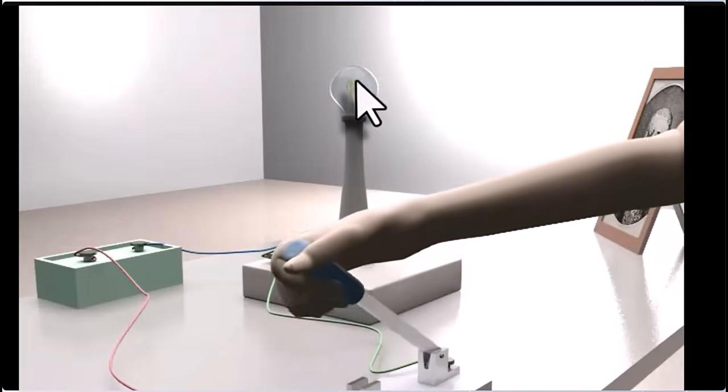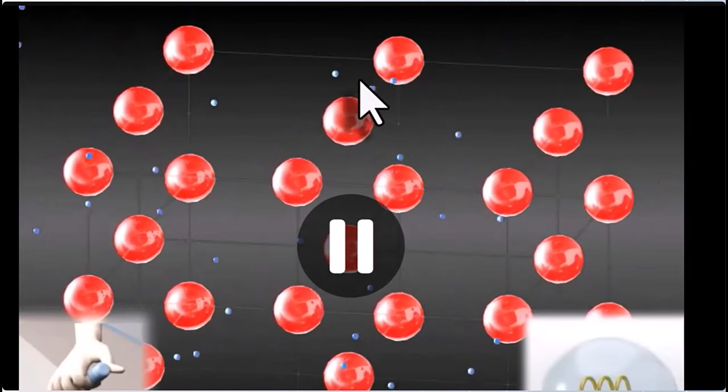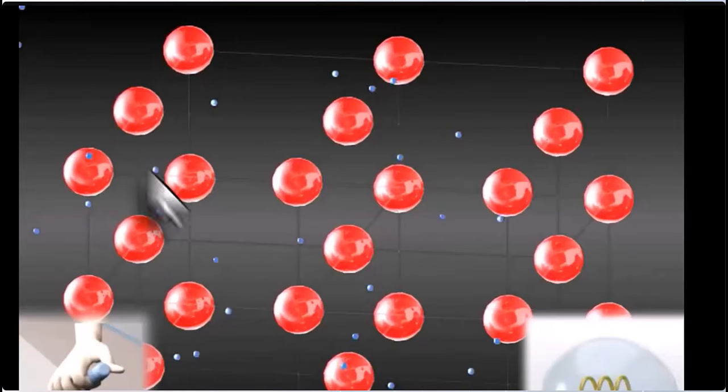I want you to focus on what goes on inside the filament of the bulb, as in the coiled up wire. The red dots are the lattice ions, and the blue stuff are the electrons.